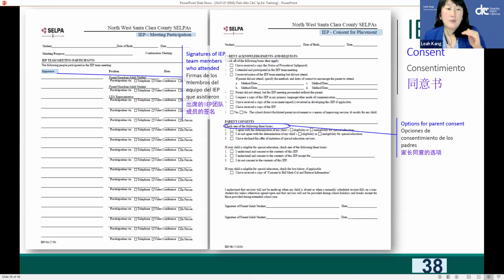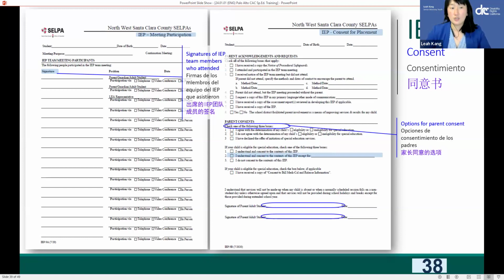And I want to stress there are options for parent consent. So it's not, yes, I agree to the IEP, or no, I do not agree to the IEP. Gabriella has mentioned this a few times, but there is an option here. If we could click through, that says, I understand and consent to the contents of the IEP, except for, which means you as a parent can say, I give consent to start getting these services that are in here, to get this IEP going.